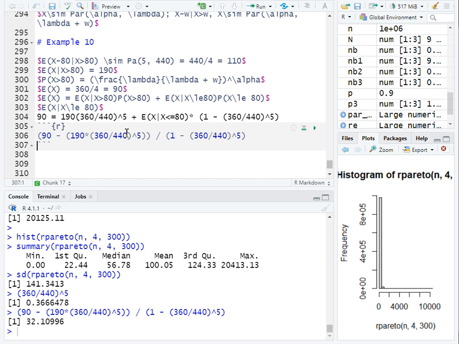So we will have the exact value of 32.11, and this is the expected value of x given x less than or equal to 80.